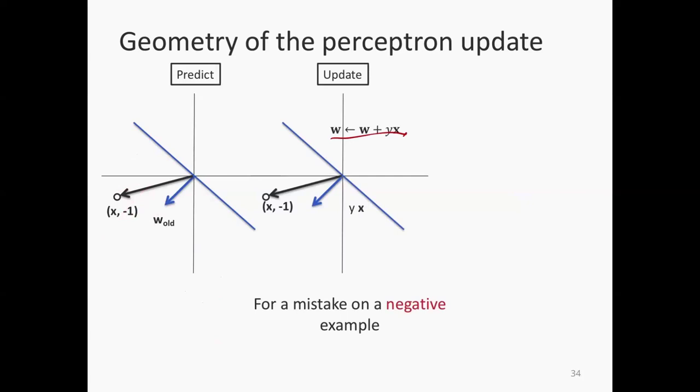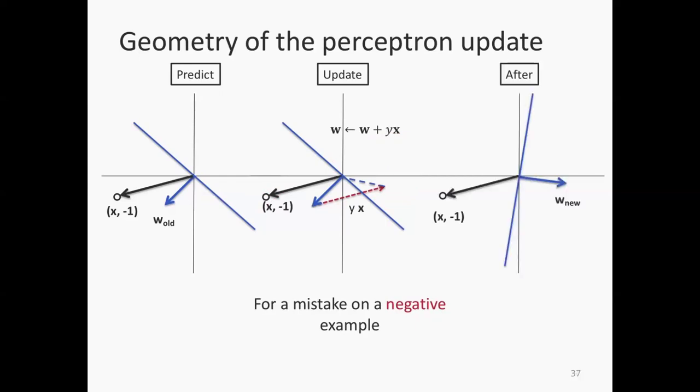So that means to this weight vector, we need to add this vector here. It's the opposite, Y times X, so it's -X. If X points in this direction, the opposite of that is here. So we are adding -X to W, and that takes your weight vector to this new place.